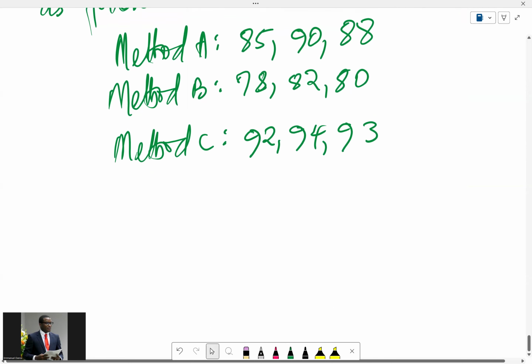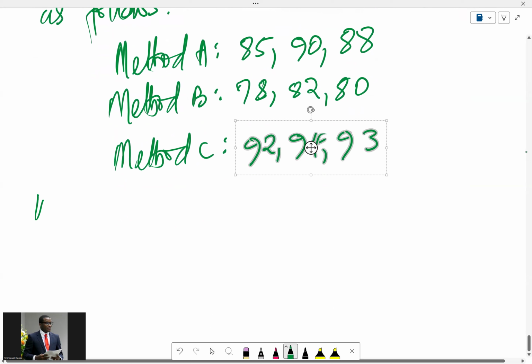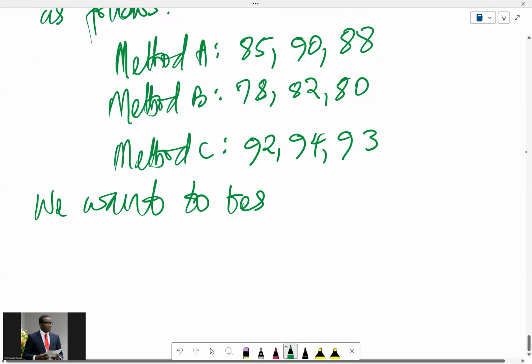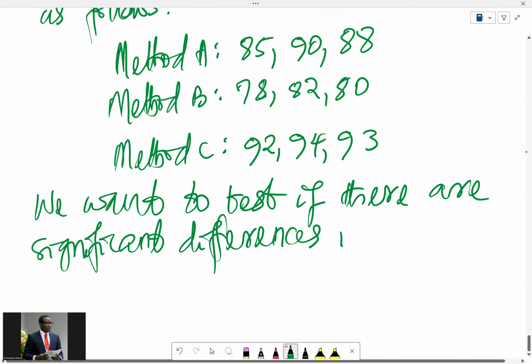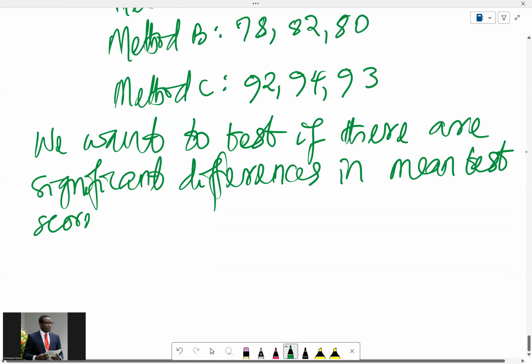Now the question is, we want to test if there are significant differences in mean test scores across the three methods.